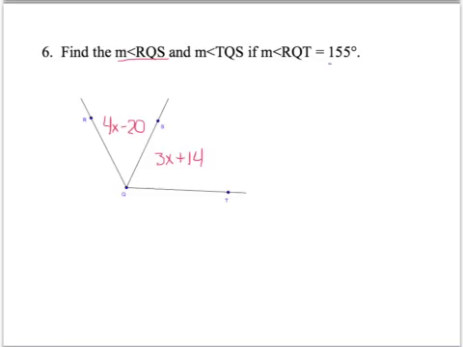Alright, I do want to use this 155 degrees somewhere in my diagram. And that's the measure of angle RQT, so it's the complete angle. Which means if I add this angle plus this angle, it should equal my total. And that's exactly what we're going to do to solve for x.